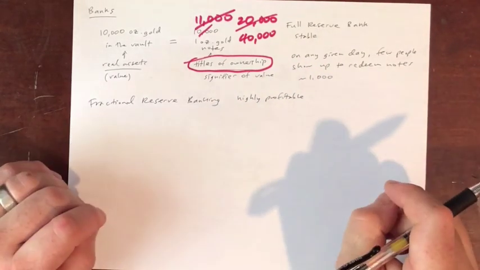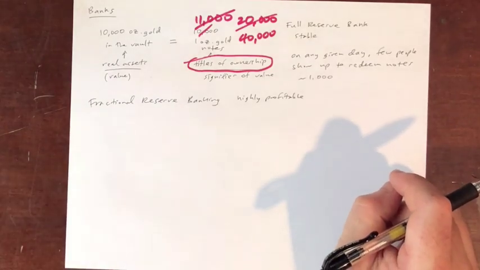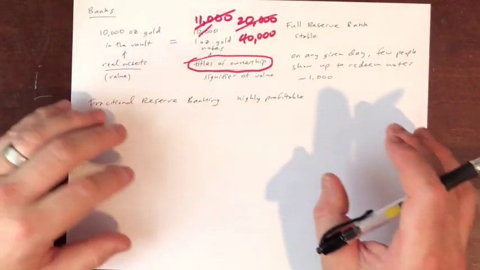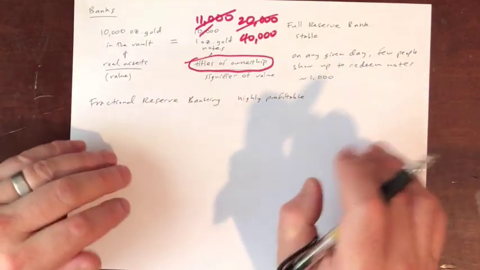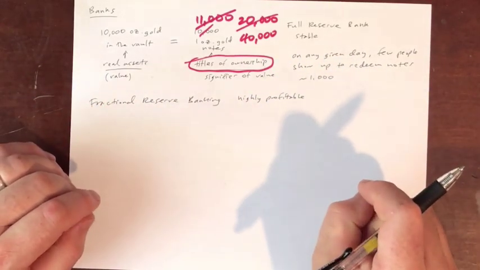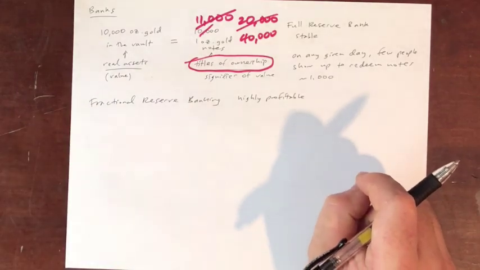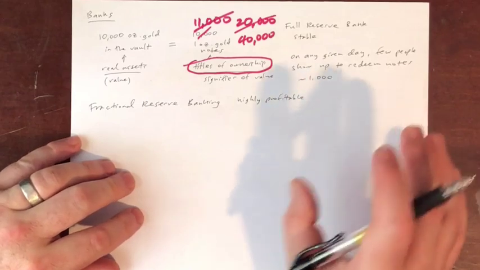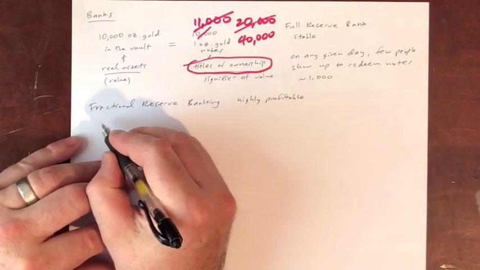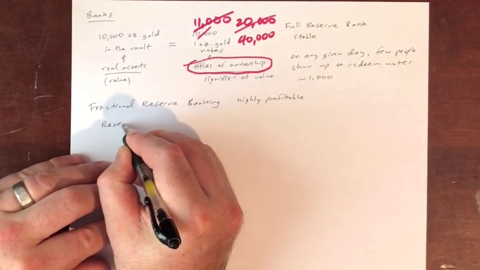Highly profitable system. And it creates something new that has never before existed in the money system, right? This new era of money. And that is something called a money multiplier, okay? So the first thing is we need to define what's called the reserve ratio.